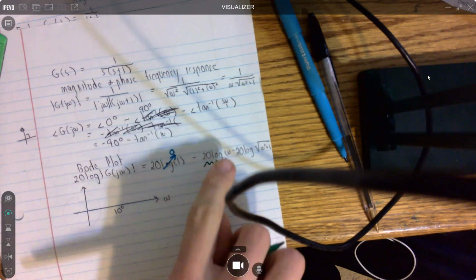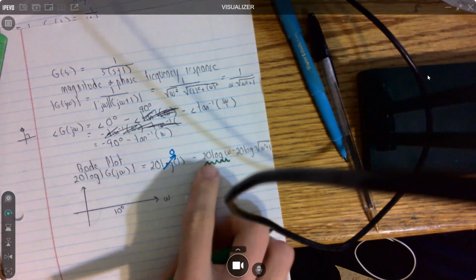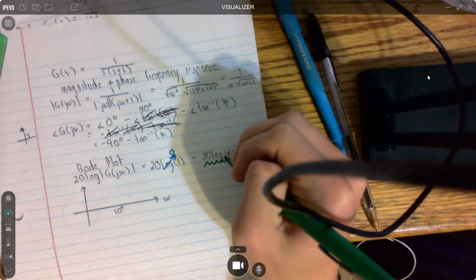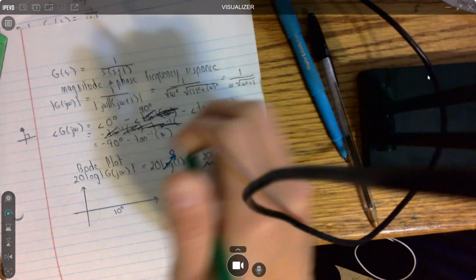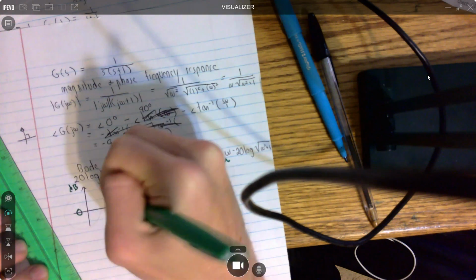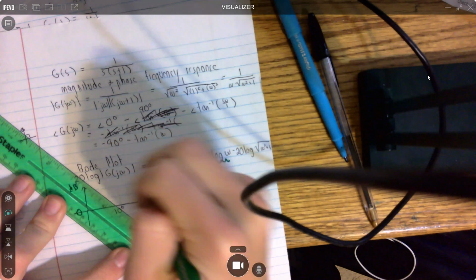This minus 20 log omega contributes negative 20 dB per decade and intercepts at omega equal to 1. If you think about it, negative 20 log of 1 intercepts 0 dB. So that makes sense. It's going to intercept this 0 dB point, and it has a slope of negative 20.